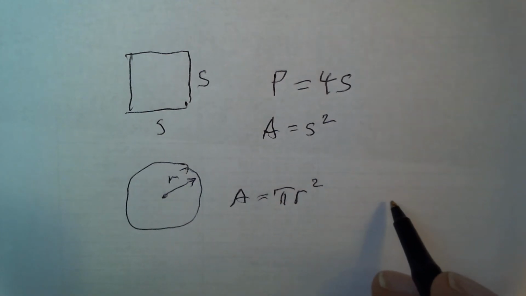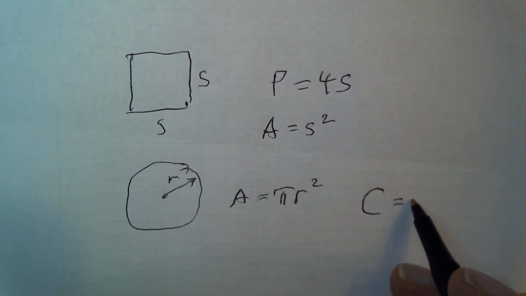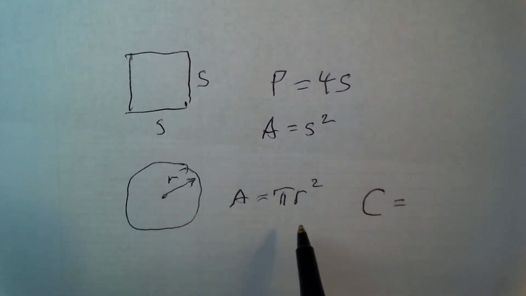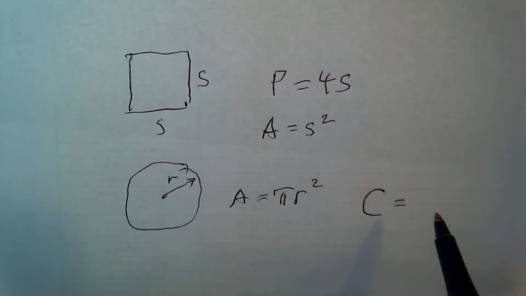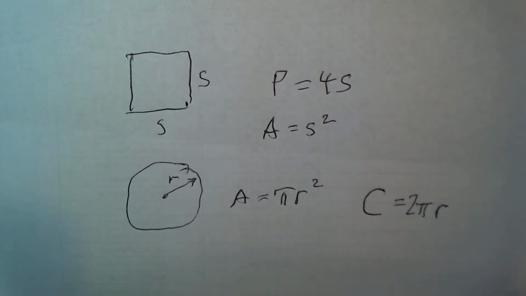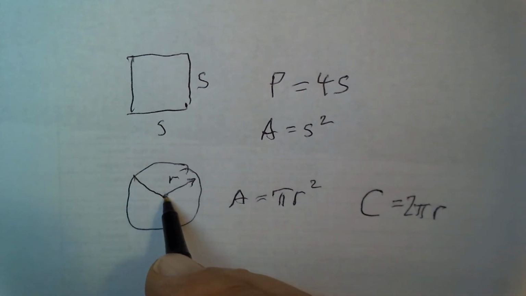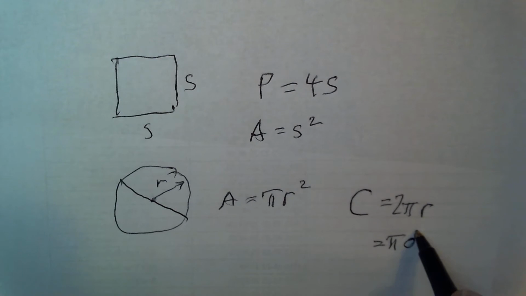And we can also compute the circumference, and the circumference of the circle is equal to 2 pi r, or pi times d. So 2 pi times r, or if we use the diameter, it would be pi times d.